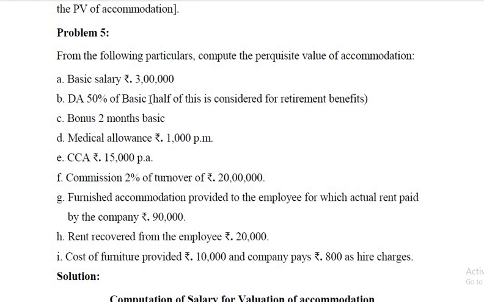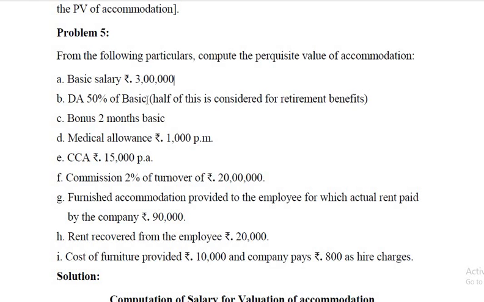DA 50% of basic, that means 3 lakh, of that 50% comes to 1,50,000. But entire 1,50,000 is not considered for retirement benefits. Of that, half is considered. Half of 1,50,000 is 75,000.